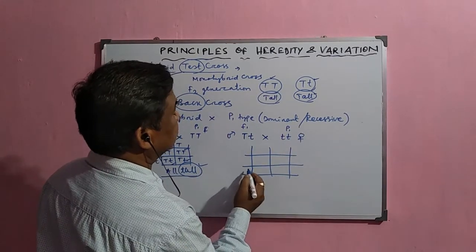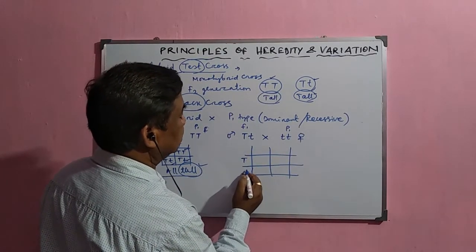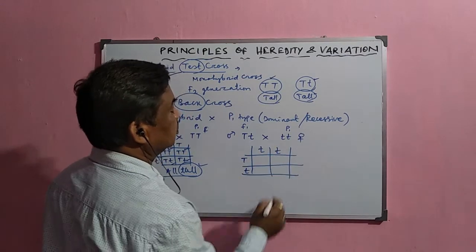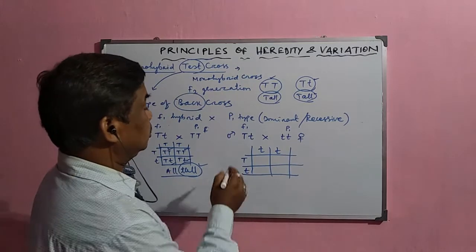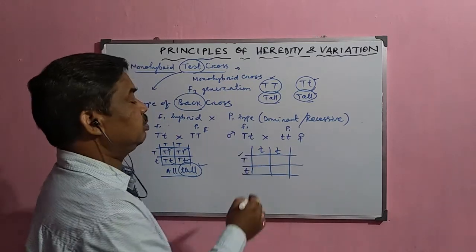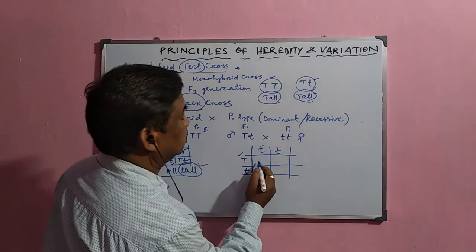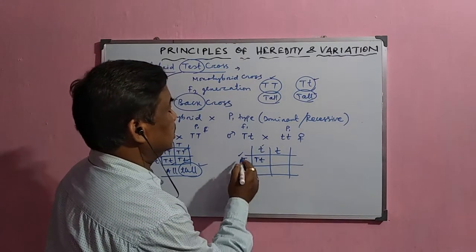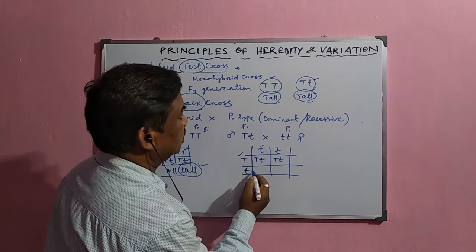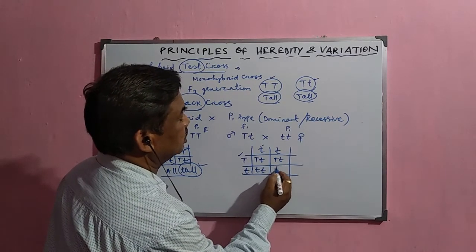Two types of gametes will be formed here, capital T and small t, and here small t and small t. When this pollen grain fertilizes this gamete, it will be capital T small t. And this one is also capital T small t. But here, this is small t small t.